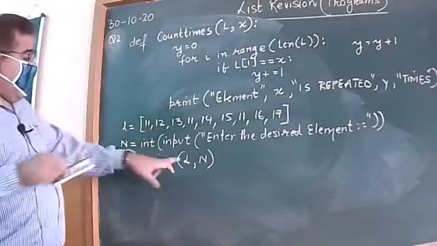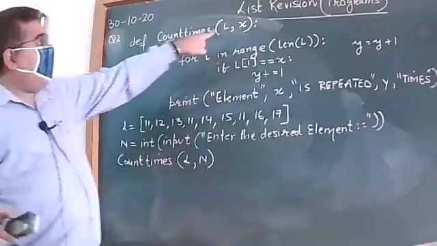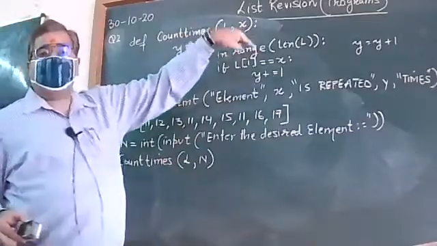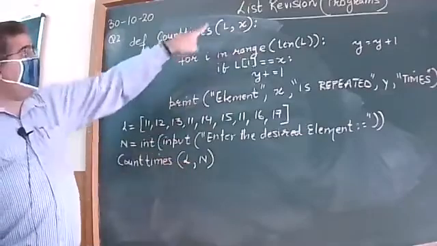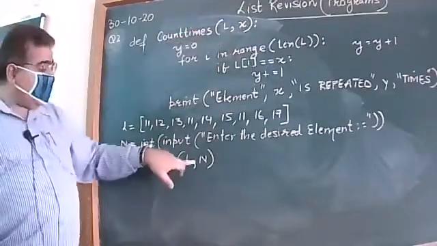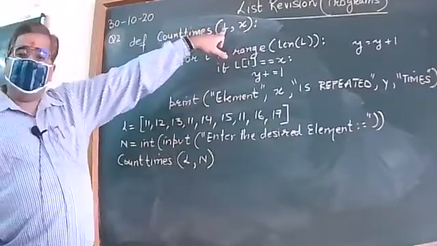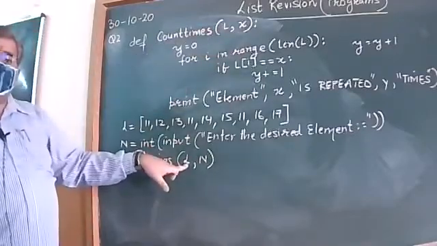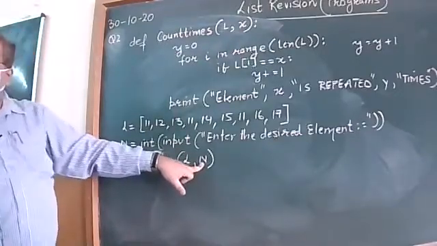Now L and N are actual parameters. L and X are the formal parameters. The value of L will be copied to L over here. List L is copied to list L. The name of formal and the name of actual parameter remains the same. Now see here.